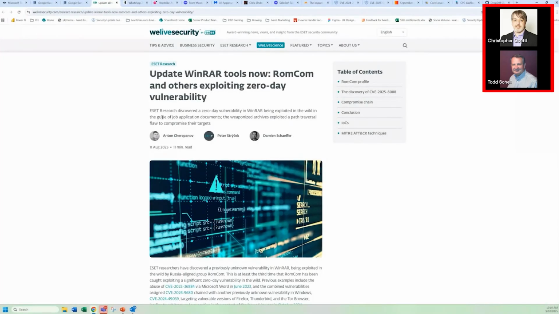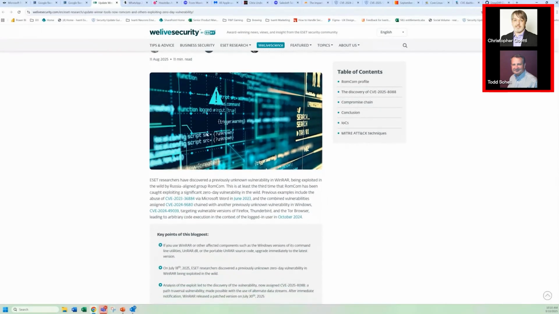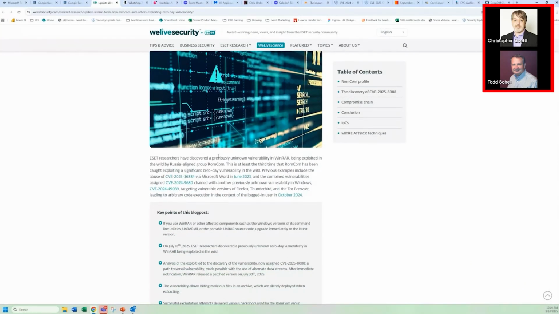WinRAR, for those of you who do have WinRAR throughout your environment, there's been a 0-day being targeted there by Romcom, and there are now others exploiting that 0-day vulnerability. So make sure if you've got WinRAR in your environment, that you're getting those CVEs resolved.